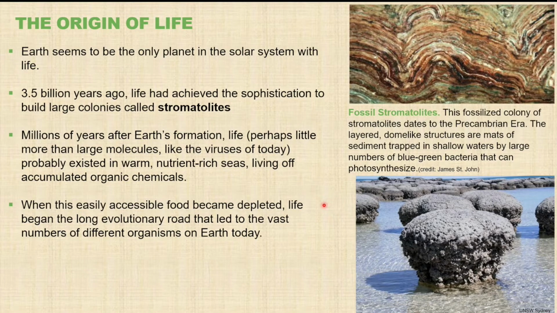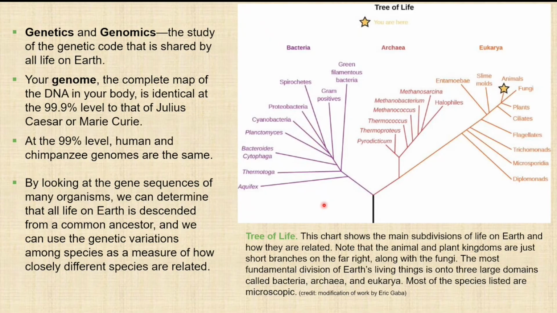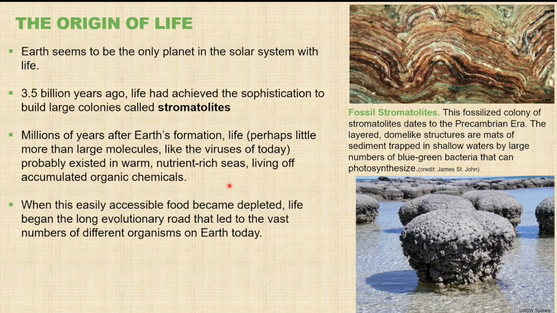Of course, they must have been in vast numbers. Over time, they had to feed on something, and the organic material they fed on got depleted, and that's what triggered them to move on to the land.